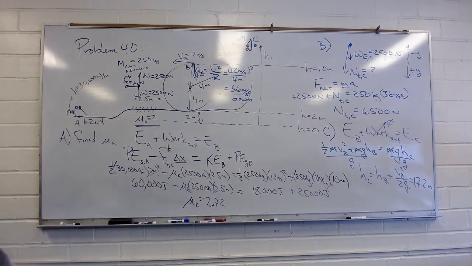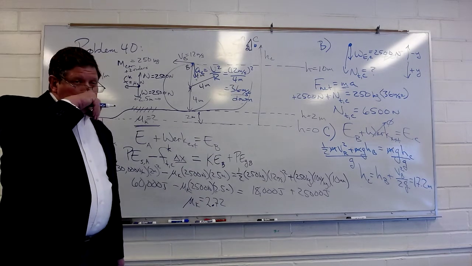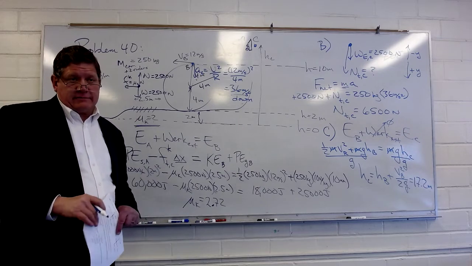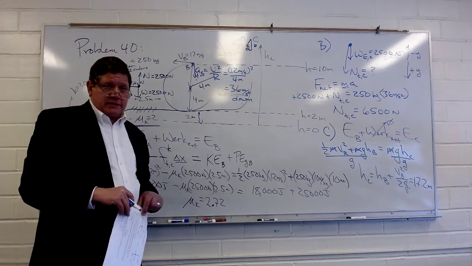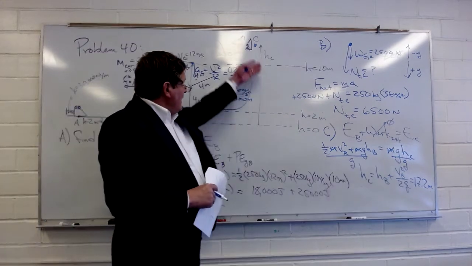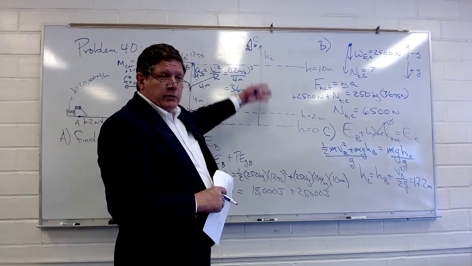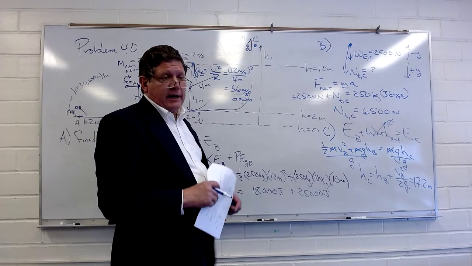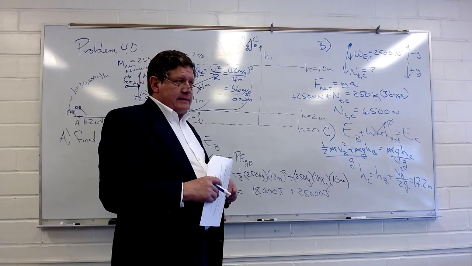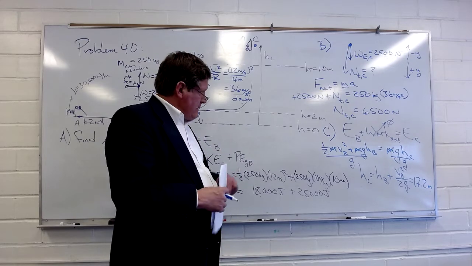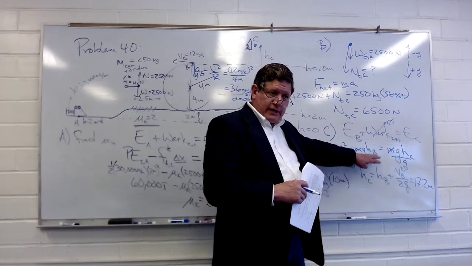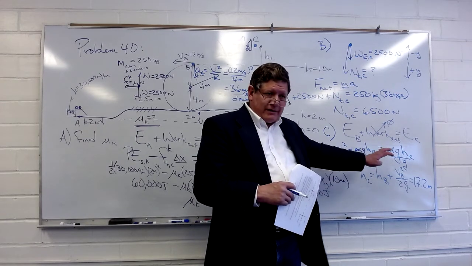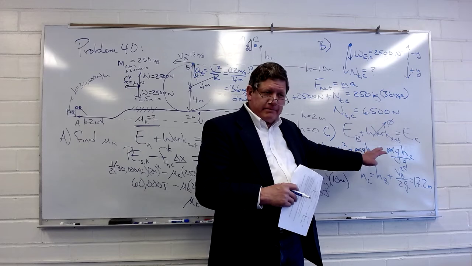Now, the last part of this question just asks, well, what if we had launched this without any riders so that it wasn't 250 kilograms, it was less? Would you get higher with the cart, or would you get lower with the cart, or would it go the same height? And the key here is that whenever you're dealing with just kinetic and gravitational energy, the mass cancels out as long as there's no work being done.